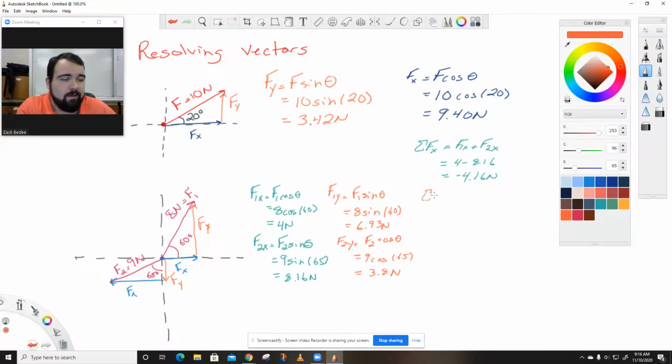Now we need to figure out Fy, so the net force in the y direction. So F1y plus F2y. F1y is the 6.93, that's in the positive y direction. And the 3.8 is in the negative.